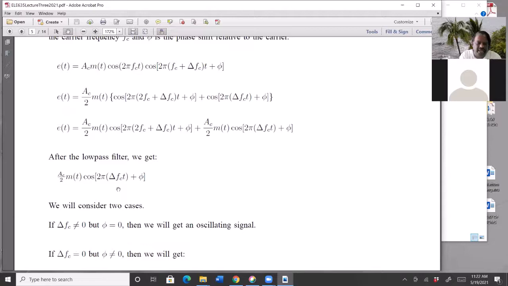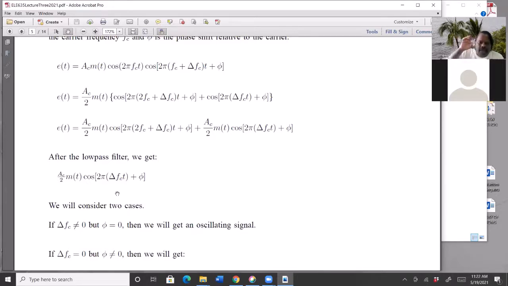Instead of 680, it is producing 690. That means delta Fc is 10 kilohertz. So this is a cosine signal with 10 kilohertz frequency. So your message signal will flutter at the audio frequency, you will hear some artifact. Basically your message signal will oscillate because this is a cosine signal.